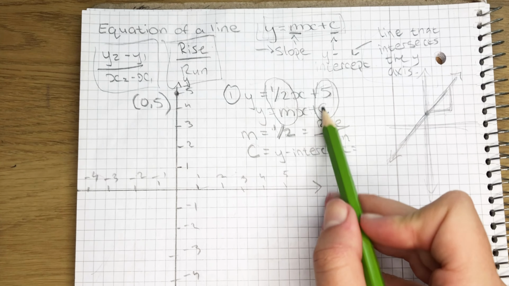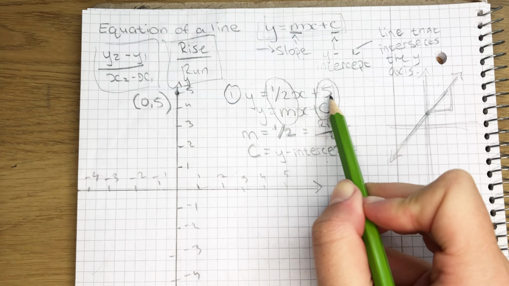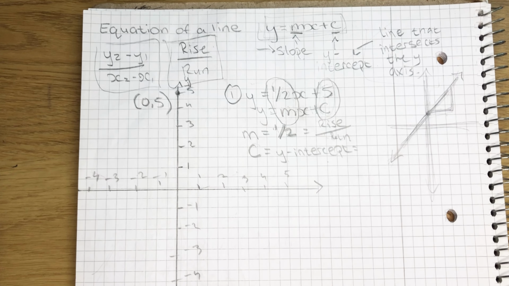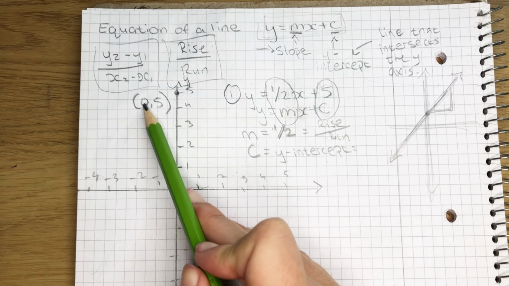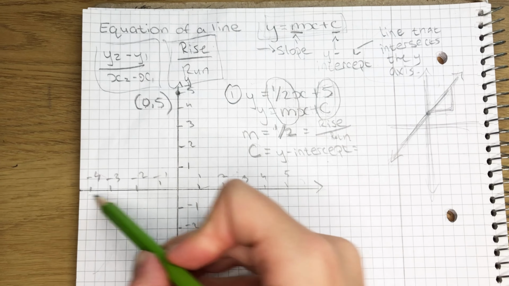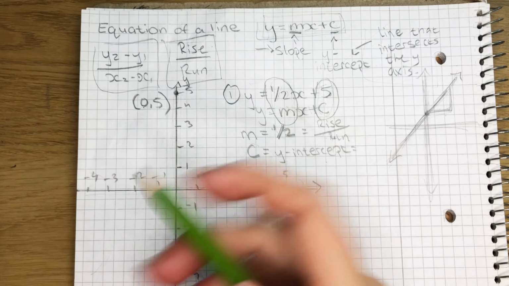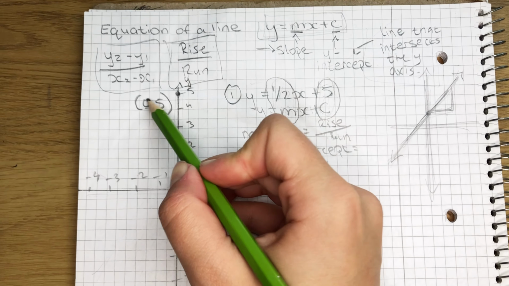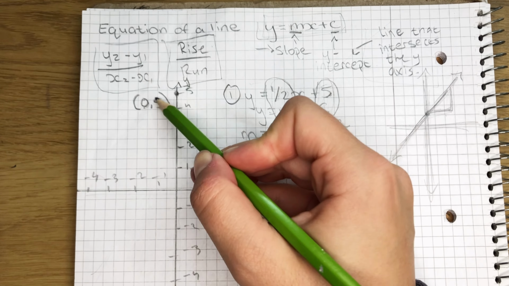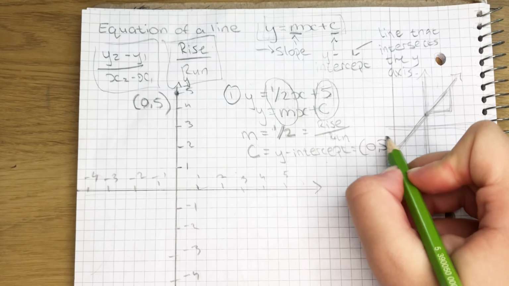This is our y-intercept, right? And we know that it's at 5. We have to say that that point is on 0, 5. Because it's not on the x, it's fully on the y-axis itself. So the x is just 0. And the y is 5 because it's on the point 5. So that is 0, 5.